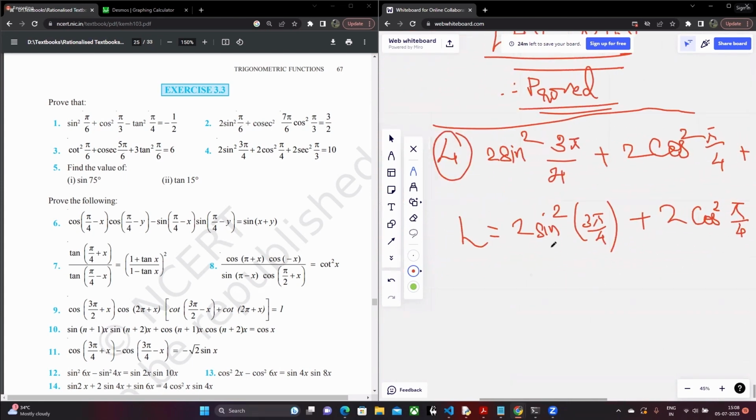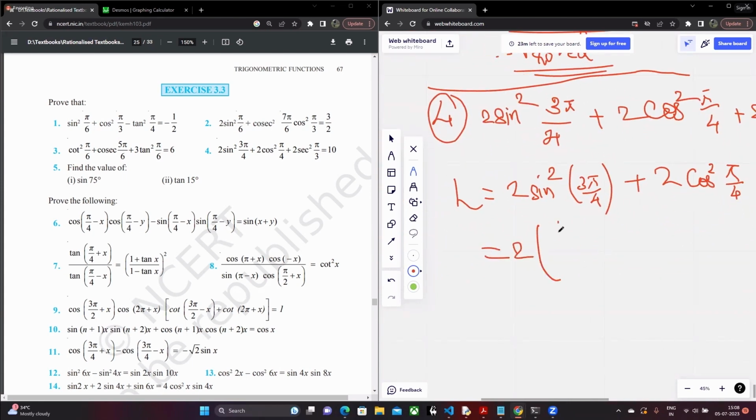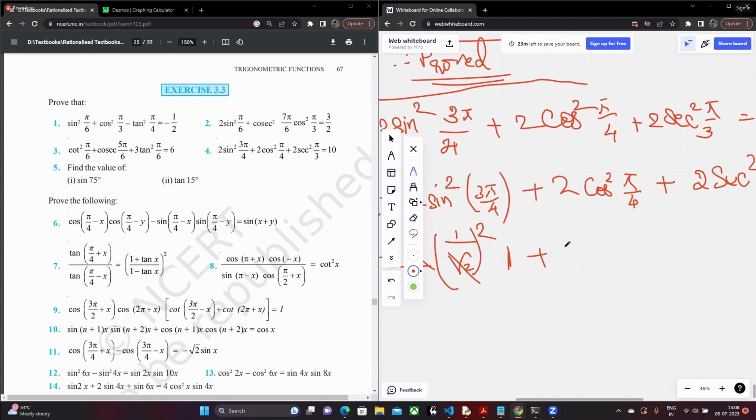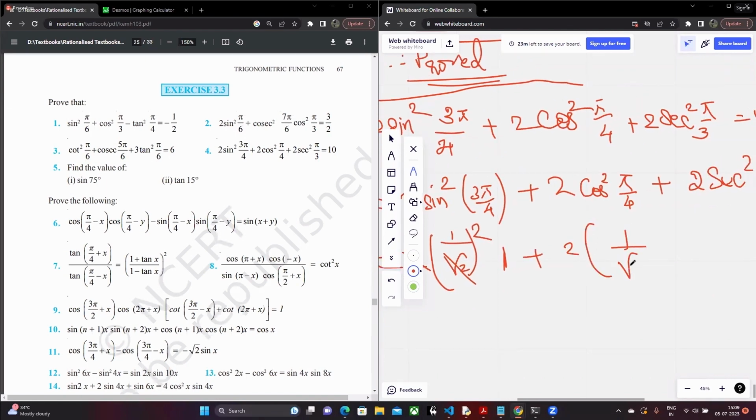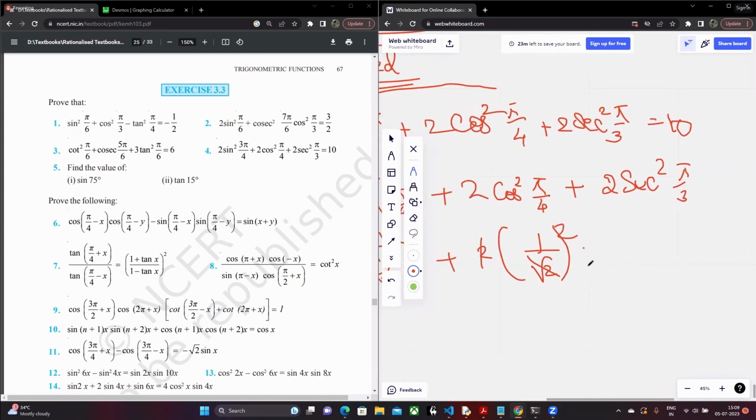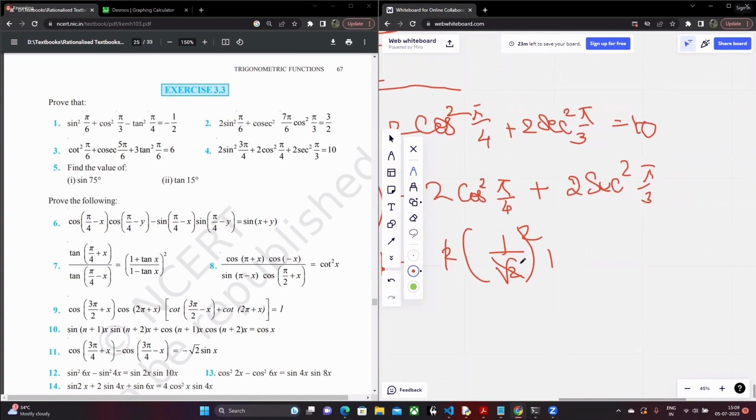So this is going to be equal to 2 times 1 by root 2 the whole square. This is going to give me a 1, plus 2 times again 1 by root 2 the whole square. Again, this is going to give me a 1, because 1 by root 2 the whole square is 1 by 2 and 2 into 1 by 2 is 1.